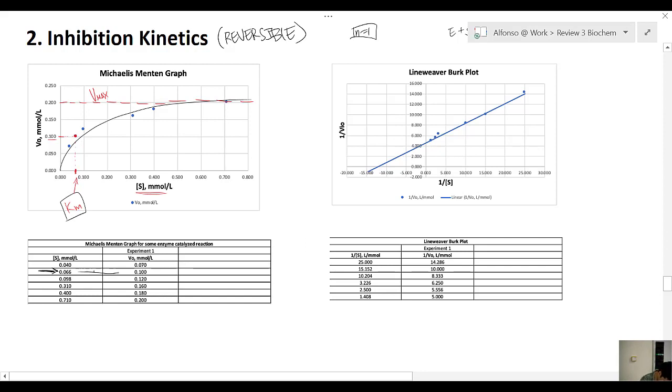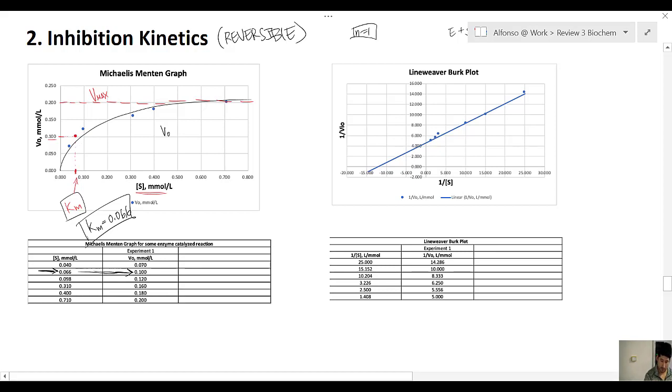If we scroll down, we can see that this second point right here corresponds with that velocity of 0.1. So 0.066, that is our Km value. The reason why I want you to find your Vmax and then half of the Vmax is because that gives you the Km value.